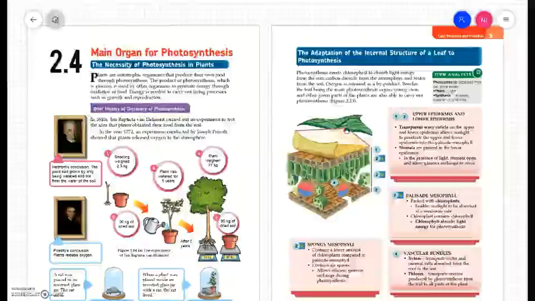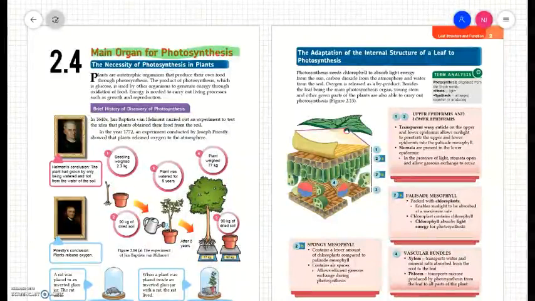Okay, hello everyone. So for today we're going to learn about 2.4, the main organ of photosynthesis. The main organ for photosynthesis is of course a leaf, daun. So what is photosynthesis? Photosynthesis is a process where the plants produce their own food.